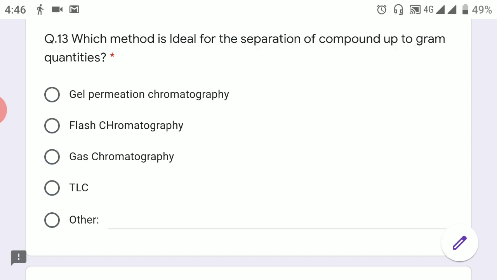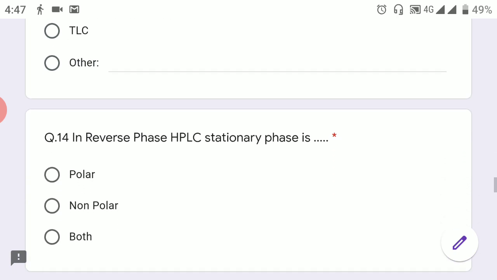If you see the other options, TLC is not an option, because we use a very small sample in TLC. Also in GC we work at the microgram level, and gel permeation is based on the size of the molecule. So the answer is flash chromatography, because here we use larger quantities of compounds.